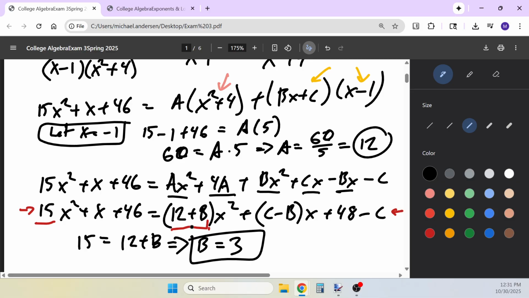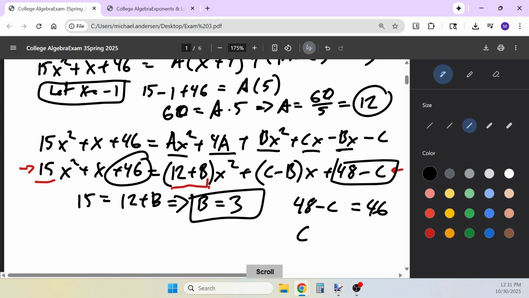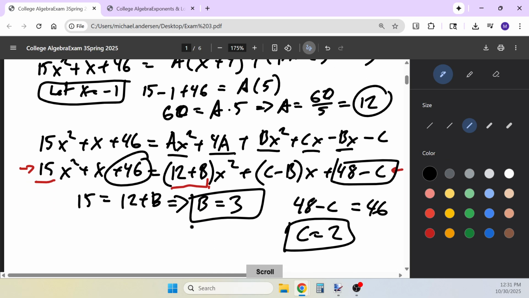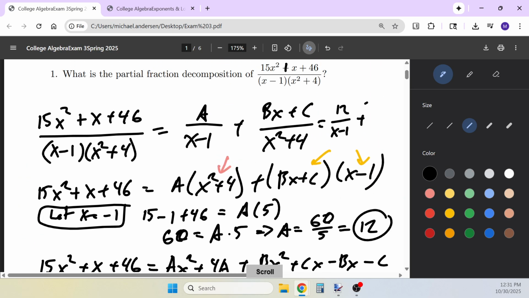And here, if 48 minus c has to equal 6, that gives us c equals 42. Once we have all of those, we've now solved the problem. 12 over x minus 1 plus 3x plus 2 over x squared plus 4.